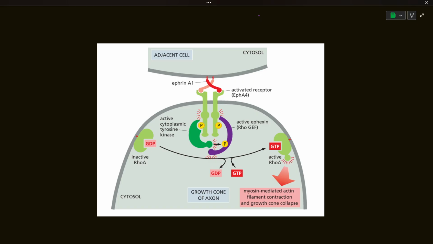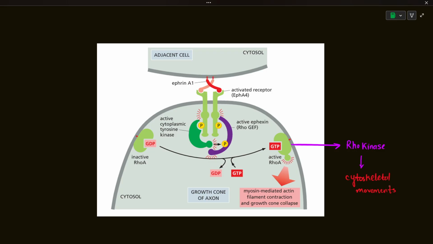It is going to activate Rho kinase, and this Rho kinase will result in cytoskeletal movements. Due to that, it could change the cell shape, cell polarity, cell motility, and even cell-cell adhesions.